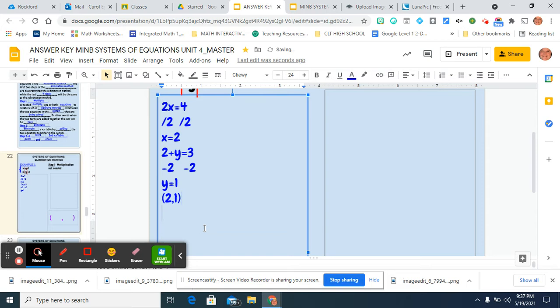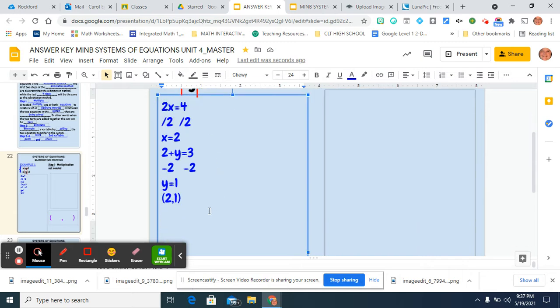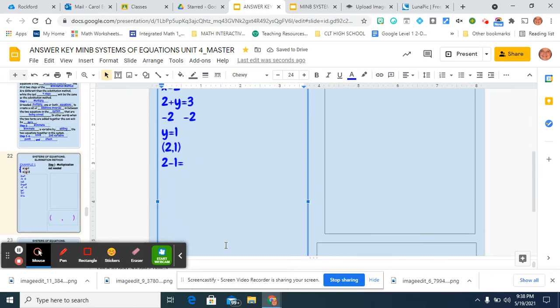And last step, check your work. And I'm going to use the other equation that I didn't use when I was doing the second variable. So I'm going to use x minus y equals 1. So x of 2 minus y of 1 equals, according to this, 1. And 2 minus 1 is 1.